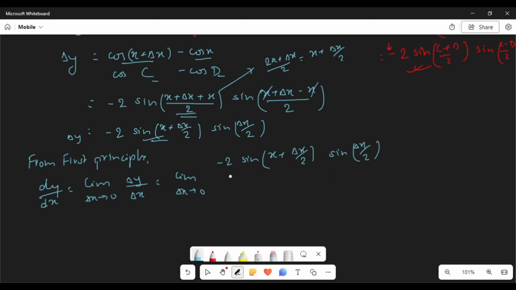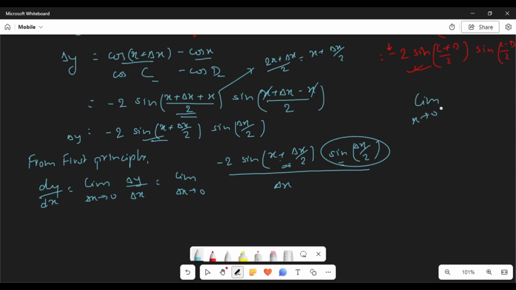Now we need to find due to which term the 0 by 0 form is coming. Here, if we put del x equal to 0 in this term, it will be sine x, so it is not going to 0 when del x approaches 0. In this, if del x goes to 0, it becomes sine 0, which is 0. So we have to use this one.